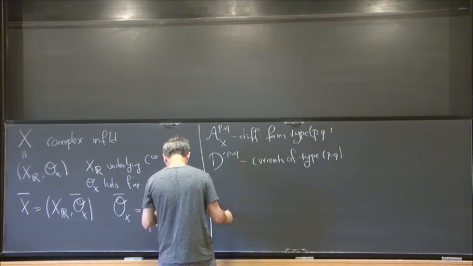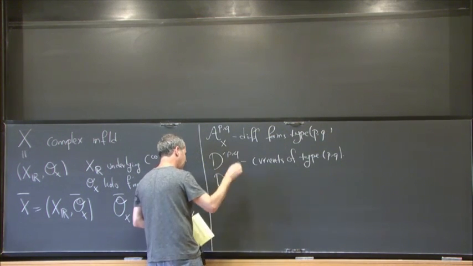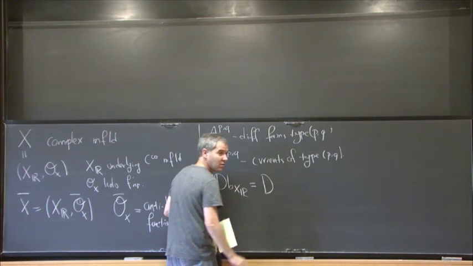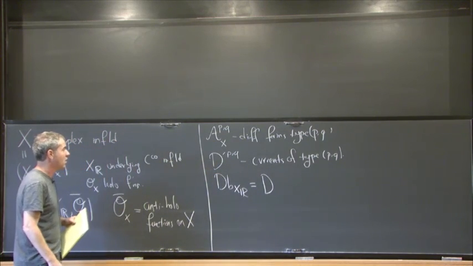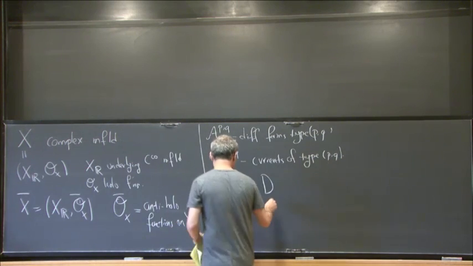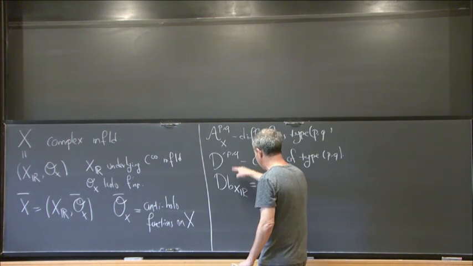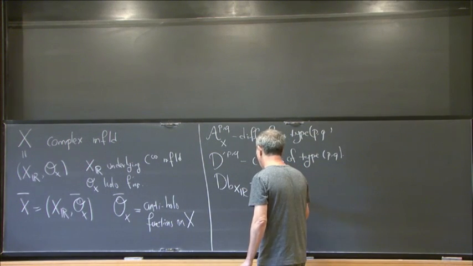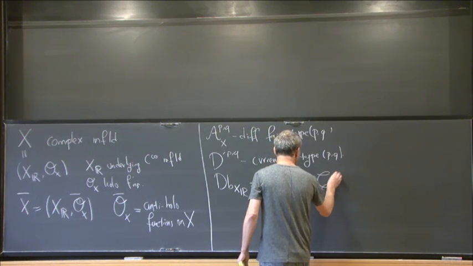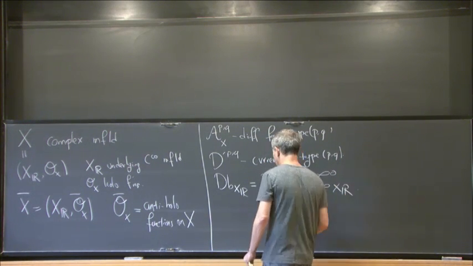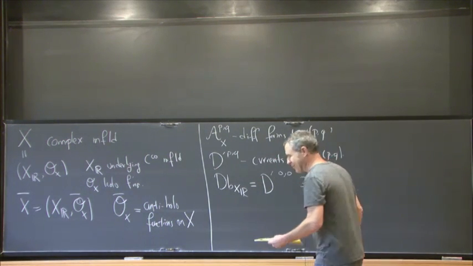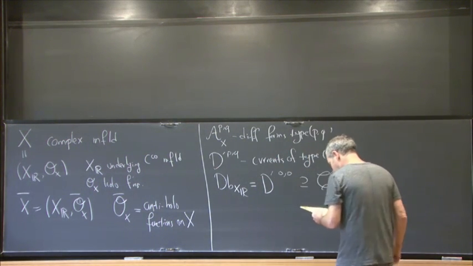Most of this I don't care about. The only one I care about is D'^{0,0}, the distributions on X_R, and that contains C infinity of X_R.